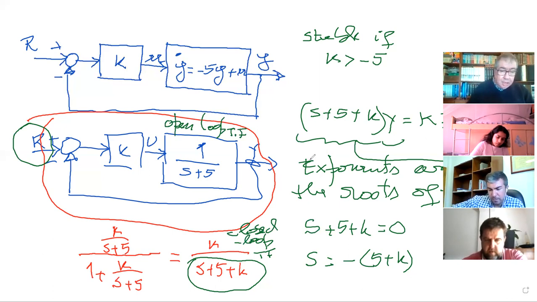Okay, so you look at the closed loop transfer function, you look at the denominator, and the roots of the denominator must all have negative real parts for the system to be stable.